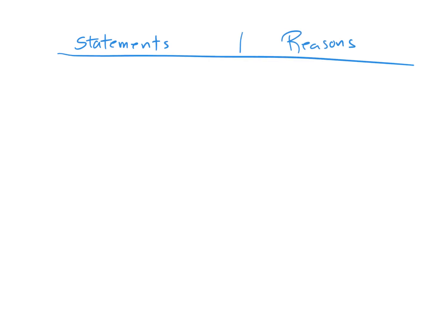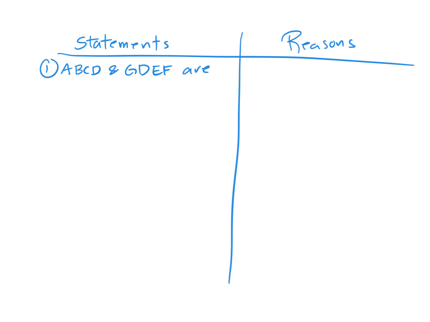All right, so I'm going to write statements and reasons. So the first one is the given, so it's going to be ABCD and GDEF are parallelograms.